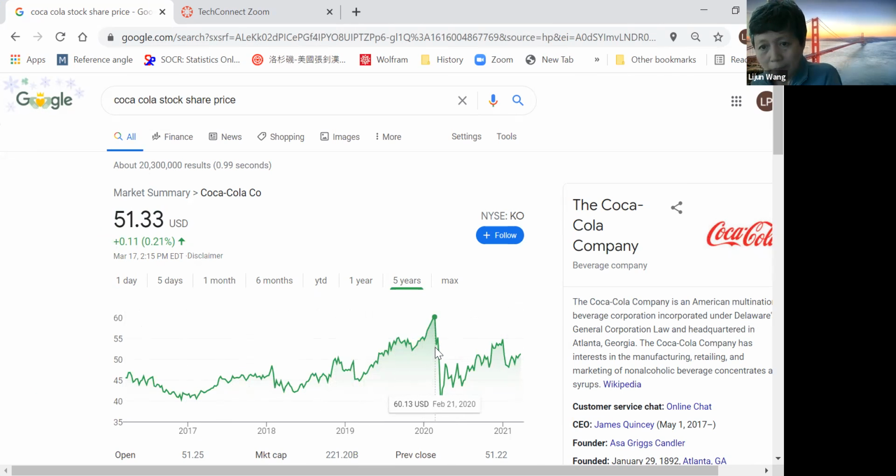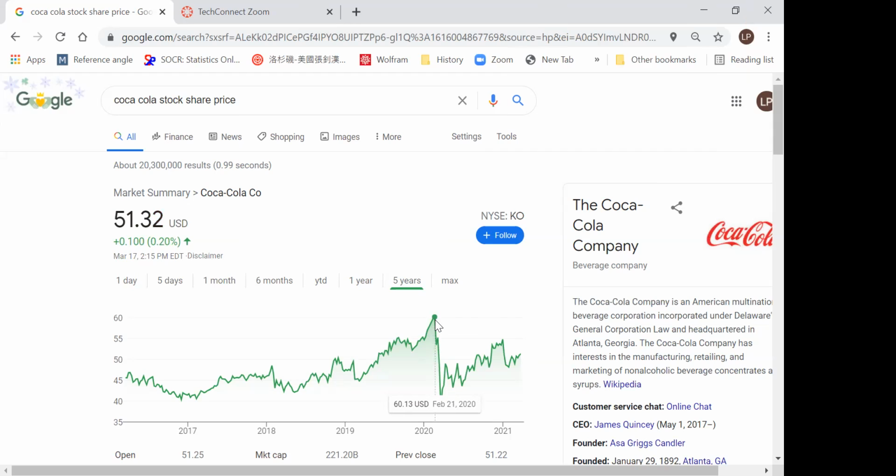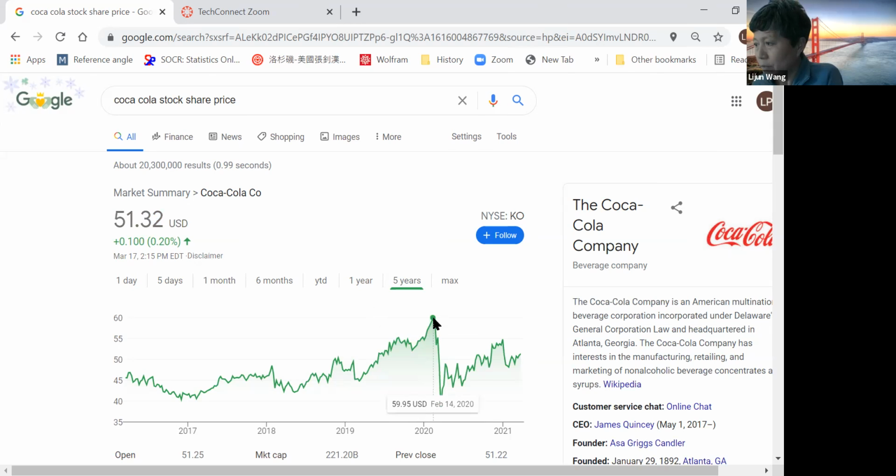This dot over here. What does that tell you? It tells you that the red dot, that blue dot, that green dot, it tells you is 59.59 or $60.13 on February 21st, 2020.